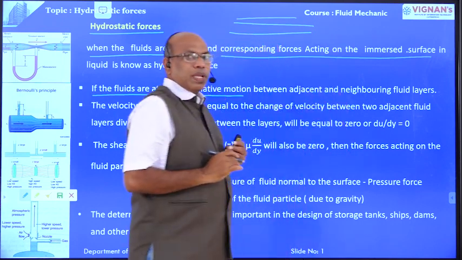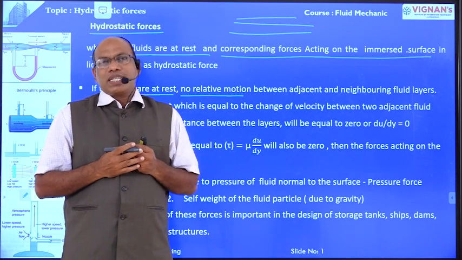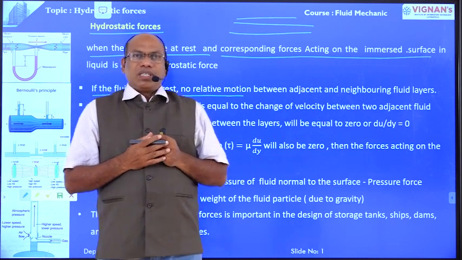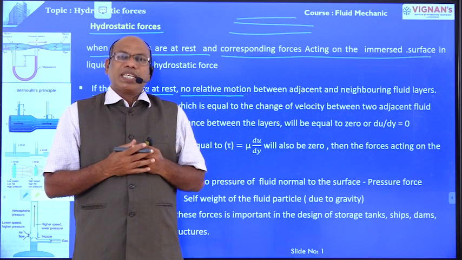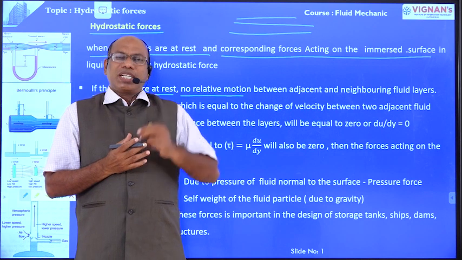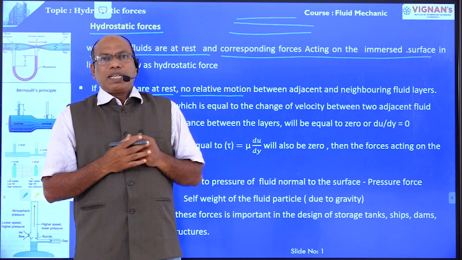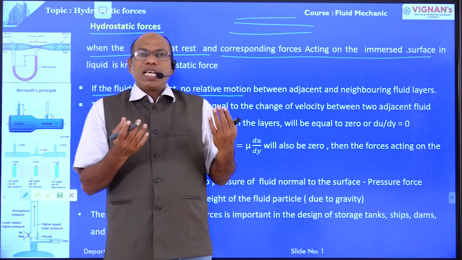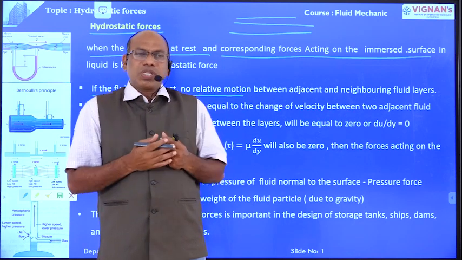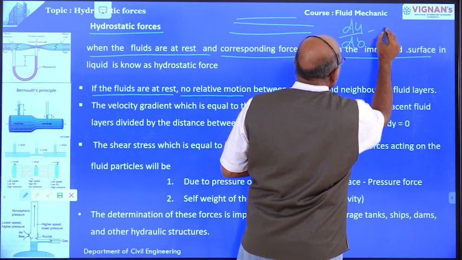Another point, the rate of change of velocity, or velocity gradient, means the change of velocity between the two adjacent layers divided by the depth between them. But in this case there is no velocity, so the change in velocity between two layers is equal to 0. Therefore, du by dy is equal to 0.